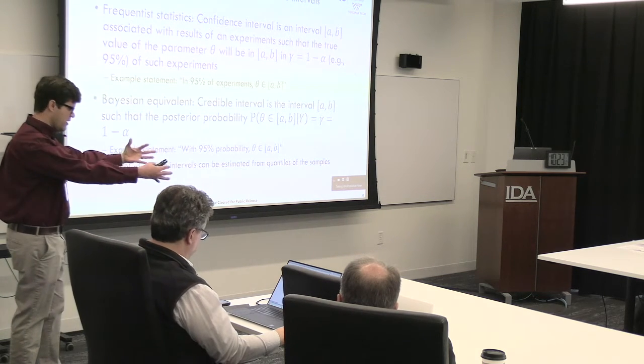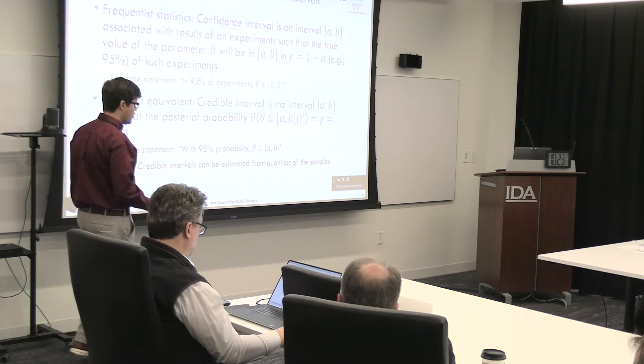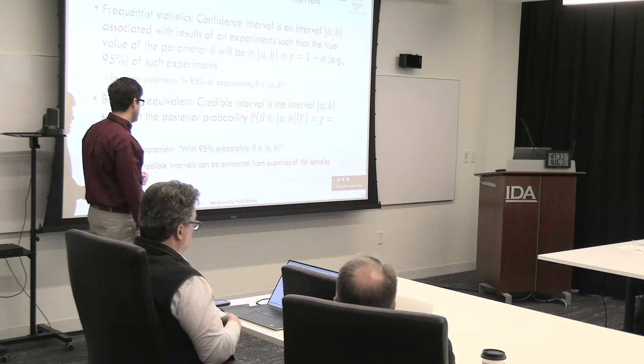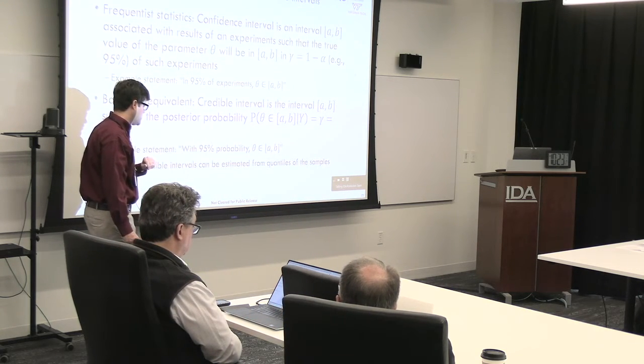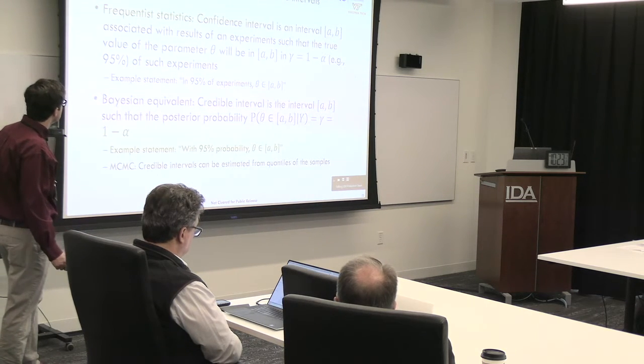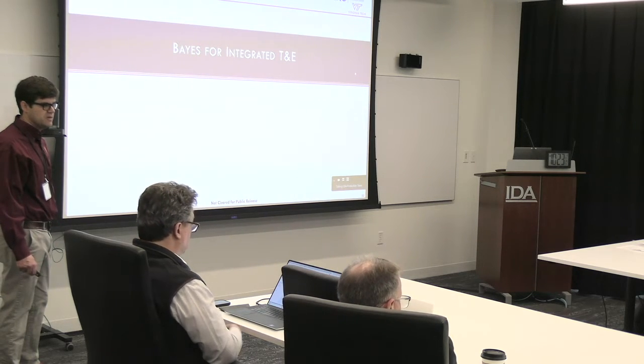So we're drawing our hills, and then computing the area under that hill effectively, or the percentage of MCMC samples that live in that set, and saying that's the probability. That's how we would do it with MCMC. Any questions about that before I talk about integrated T&E?